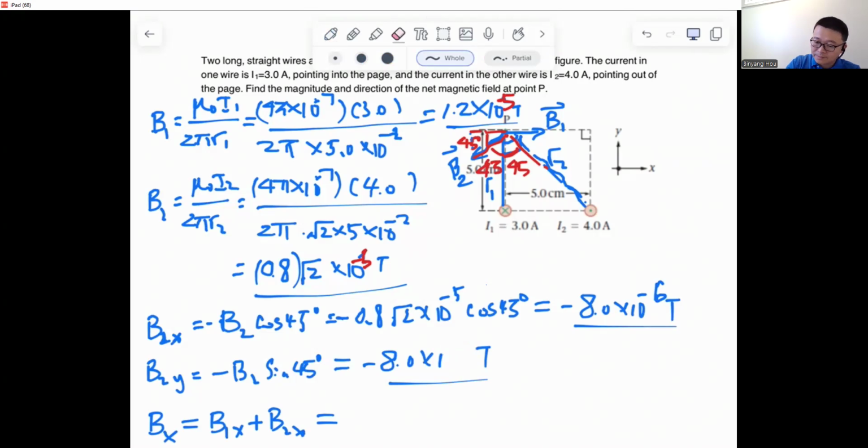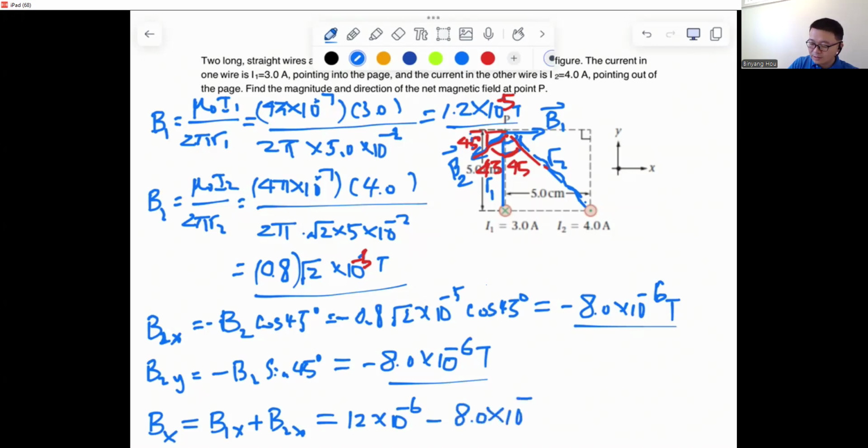B1 everything is 1.2 times 10 to the minus 5. So that means 12 times 10 to the minus 6. So we can do 12 times 10 to the minus 6 plus B2x, which is minus 8 times 10 to the minus 6. So we will have 4 times 10 to the minus 6.